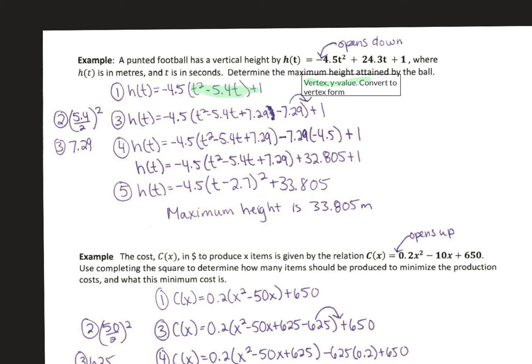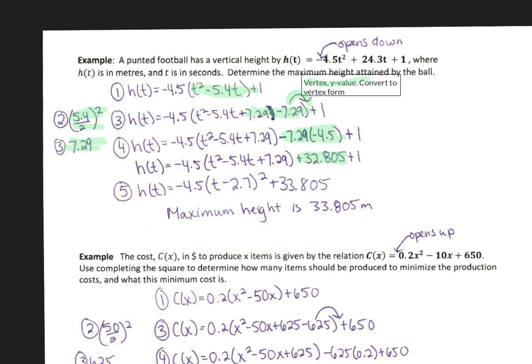All right, so from there, we half that b term, so 5.4, divide it in half and square it, and we should get 7.29. We then add the 7.29 and subtract the 7.29 inside of our brackets. We're trying to create that perfect square trinomial. We need to pull out the minus 7.29, so we're going to pull it out by multiplying it by our a value, and our a value is negative 4.5. This next step is just showing the simplifying of that multiplication.